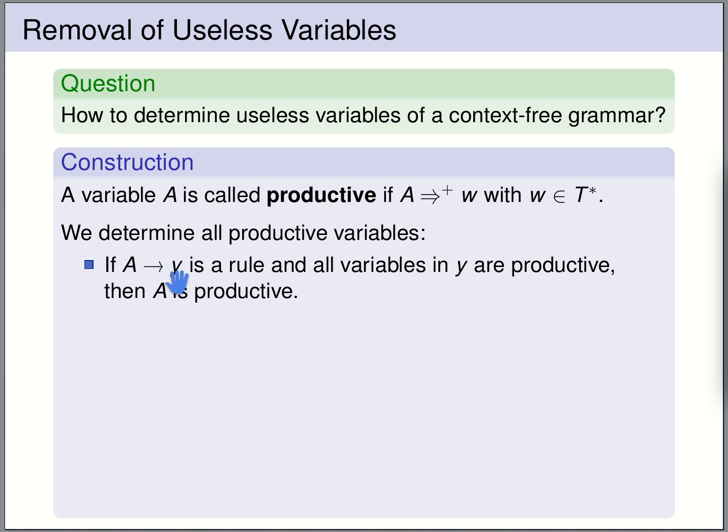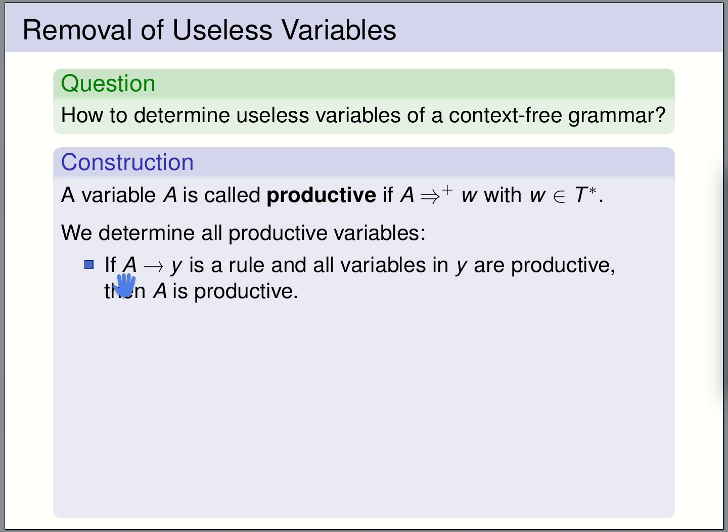So in particular, if the right-hand side contains no variables, so if the right-hand side is a terminal word, then the variable on the left is productive. But also then, if we know already that a certain set of variables is productive, and we have a rule where there are only terminal letters and productive variables in the right-hand side, then also the left-hand side is productive.